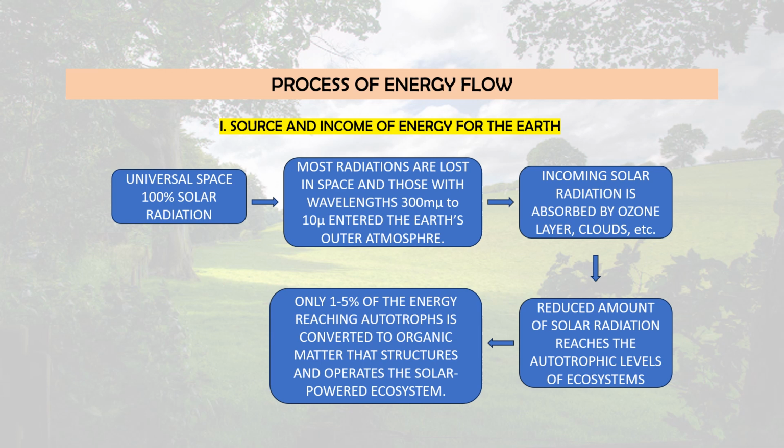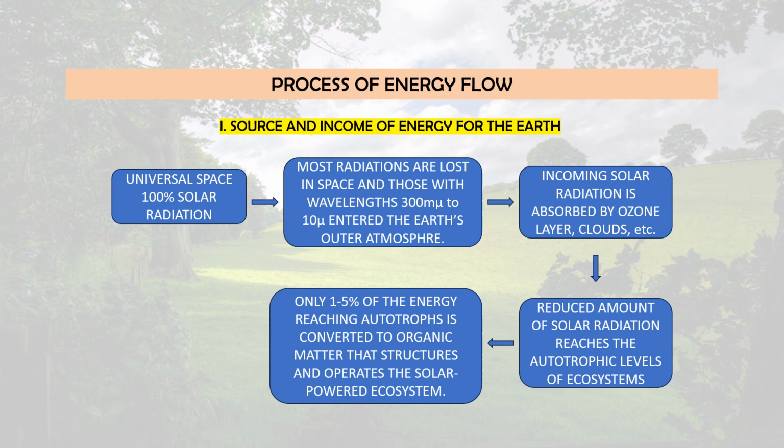And then the incoming solar radiation, which has entered the Earth's outer atmosphere, is absorbed by the ozone layer, clouds, and other gases. So there is reduction of the amount of solar radiation when it reaches the autotrophs of an ecosystem.